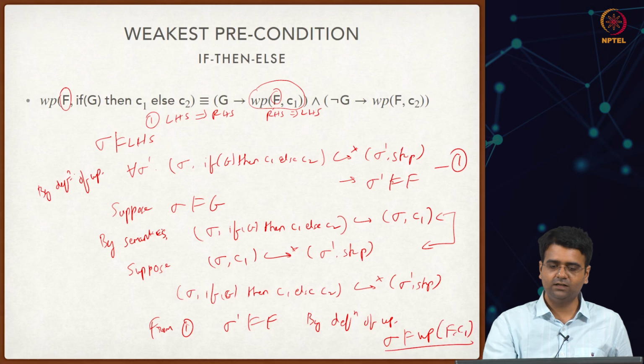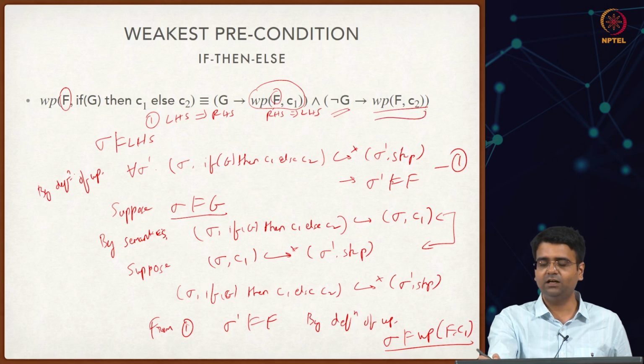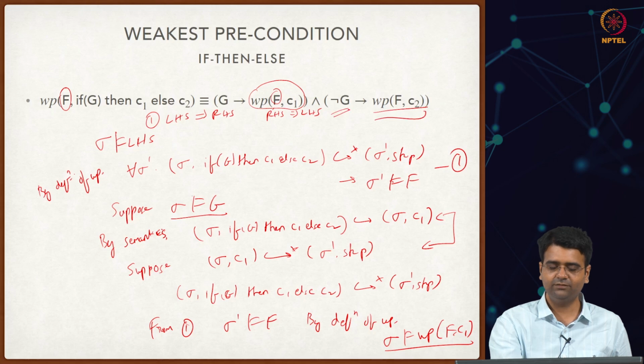So we started with sigma is a model of G, and we showed that sigma is also a model of WP(F, C1). Similarly, if you start with sigma is a model of not G, then you will be able to show that sigma is a model of WP(F, C2).